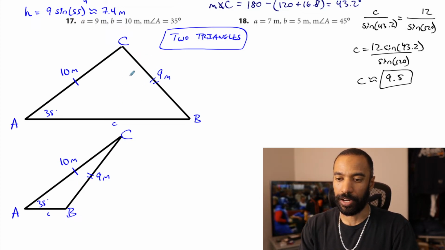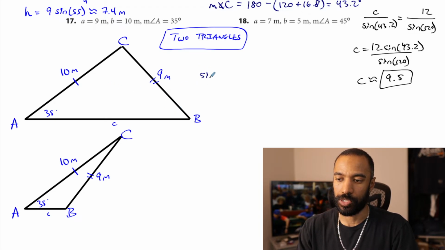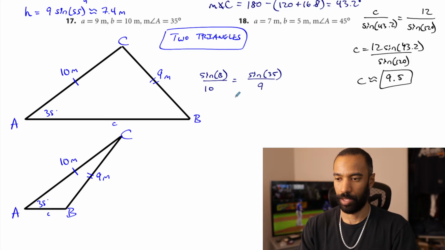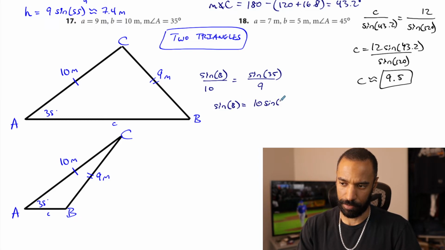In the top one here, we're going to do the same thing as we did before. Let's find the measure of angle B here. So sine of B over B equals sine of A over A. Side length A. So we multiply both sides by that, and then we'll take inverse sine. So 10 times sine of 35 over 9.